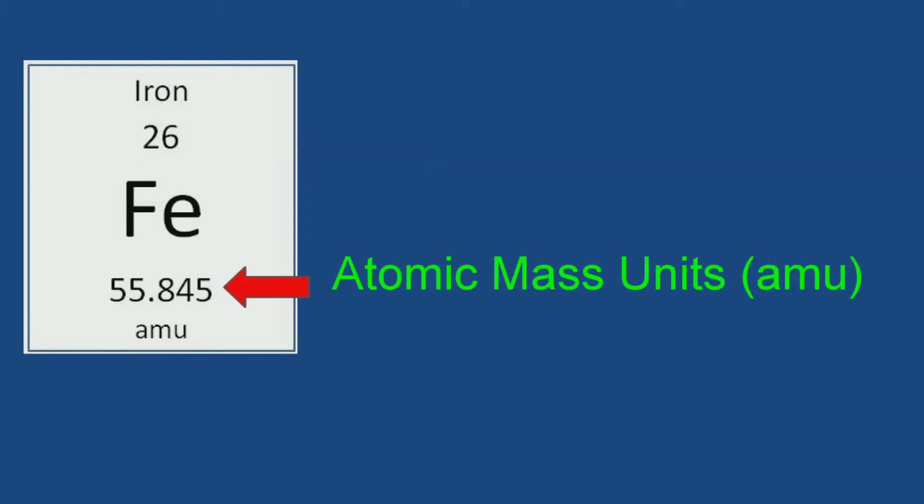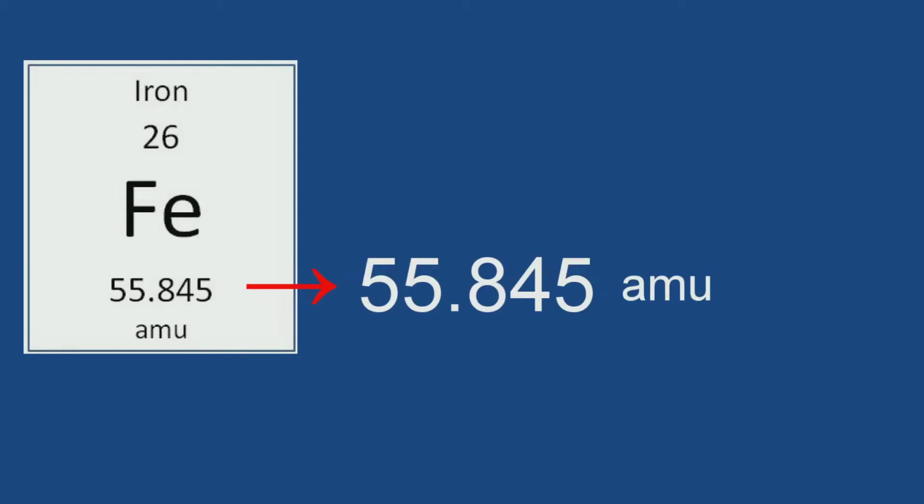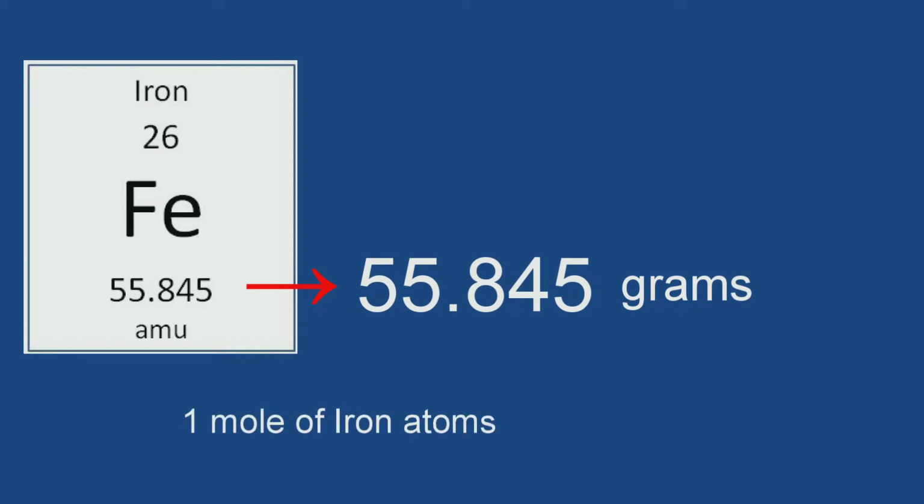And the AMU number is 55.845. We will now erase the AMU and replace it with grams. So 1 mole of iron atoms weighs 55.845 grams.